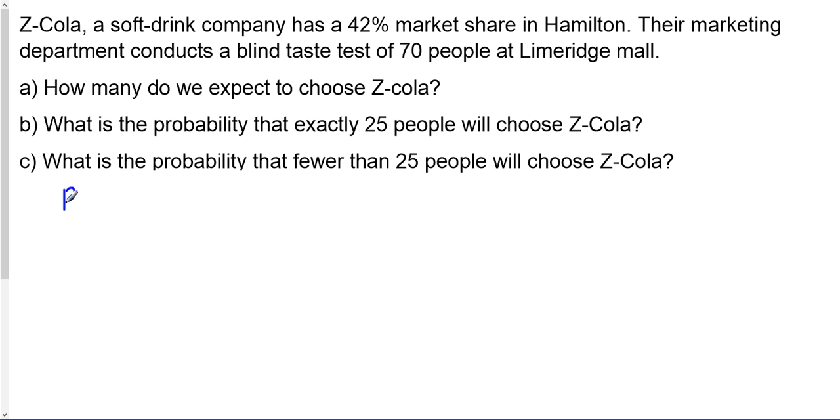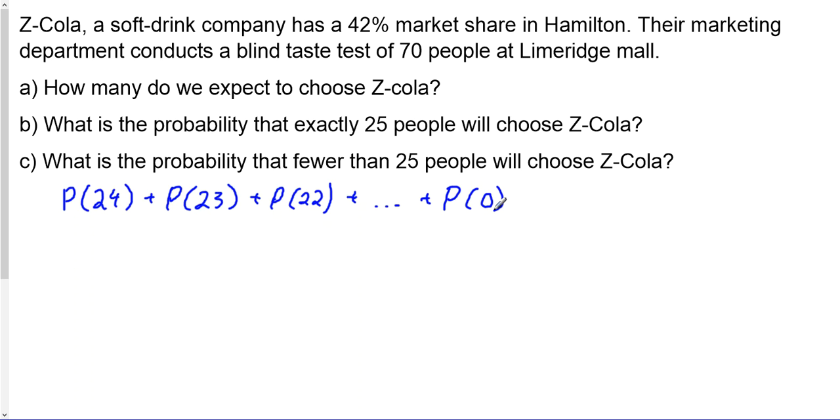Thinking of this in terms of the binomial distribution, we'd have to calculate the probability that 24 people choose it, plus the probability that 23, plus the probability of 22 people, and so on and so on, all the way down to the probability that 0 people will choose it. And we add these all up, and that would give us the probability we're looking for. Okay, that's going to be a long, tedious process.